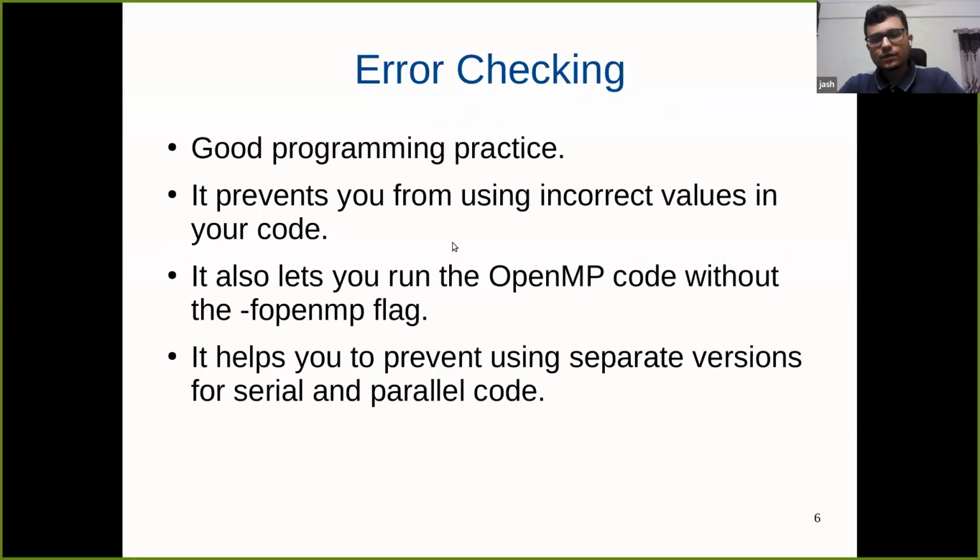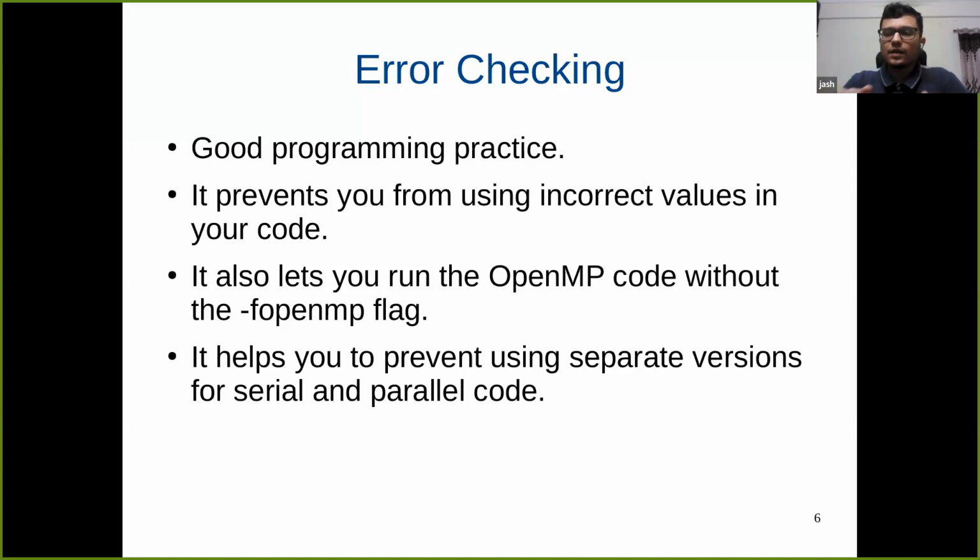Okay, so this is what I was trying to explain. Your code should be such that it should be able to run without the fopenmp flag, and this also lets you as a programmer avoid keeping track of two separate versions of code for serial and parallel.